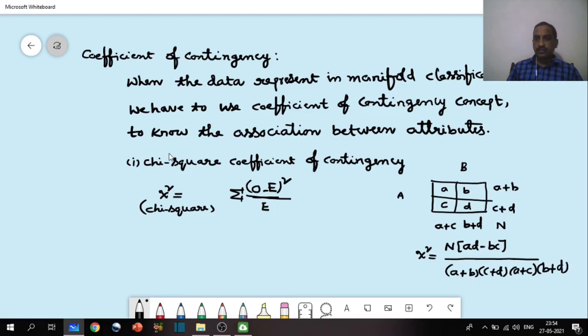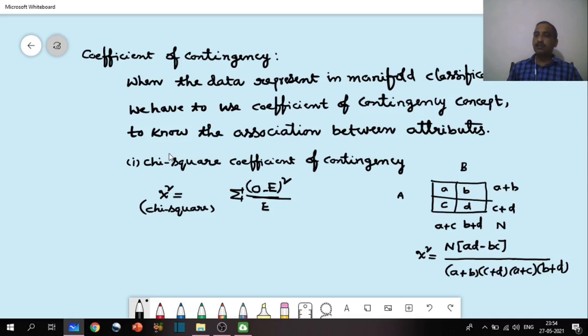Here one more condition is there: no cell frequency should be less than 5. If any cell frequency is less than 5, then you have to use Yates correction. In a 2 by 2 contingency table you obtain the chi-square value by using this formula.